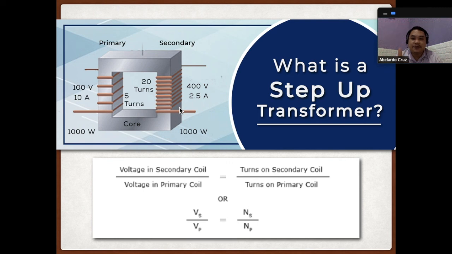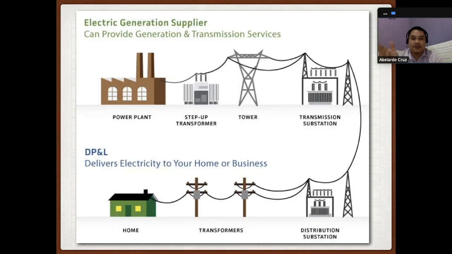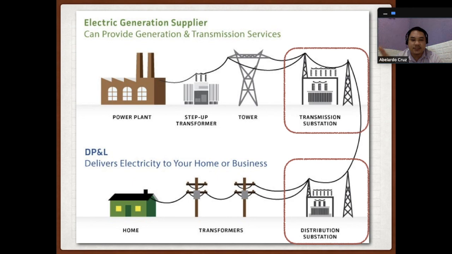Notice also that for a transformer, the more coils it has, the greater the voltage it produces. So here it is very important to have a step-up transformer. The voltage has been raised up. There it goes now to the transmission substation, and from the transmission substation, it will go to a distribution substation.